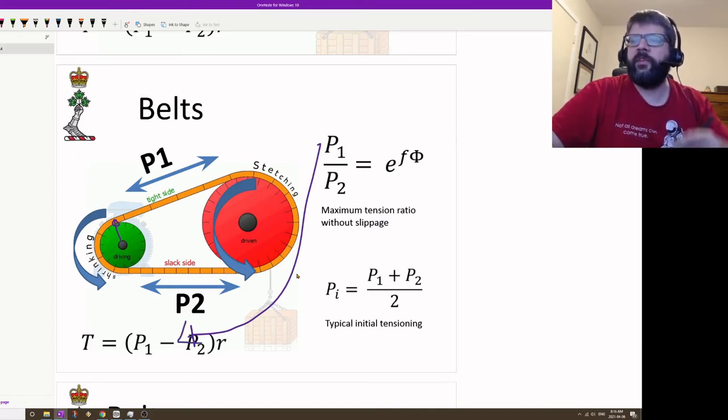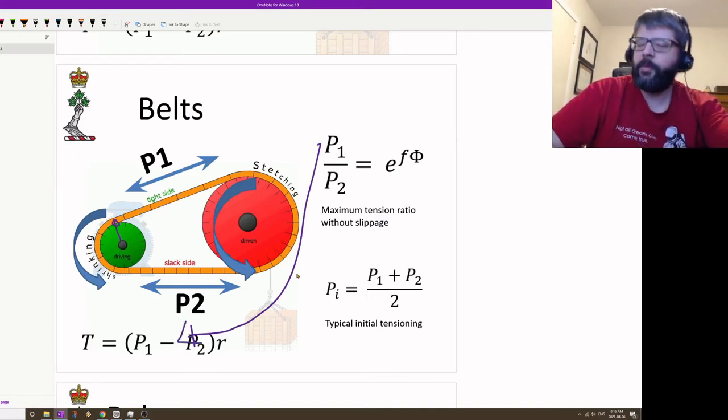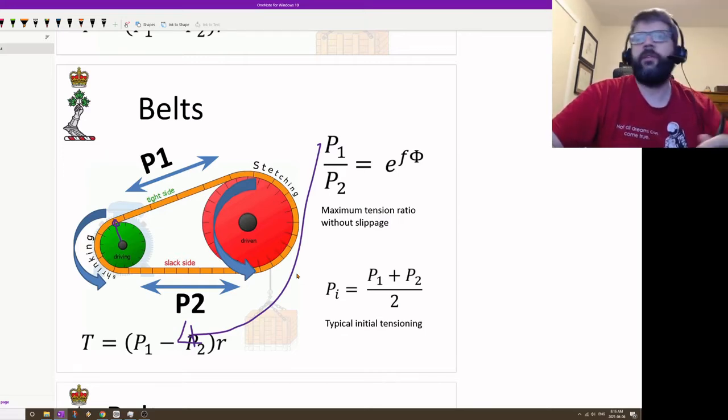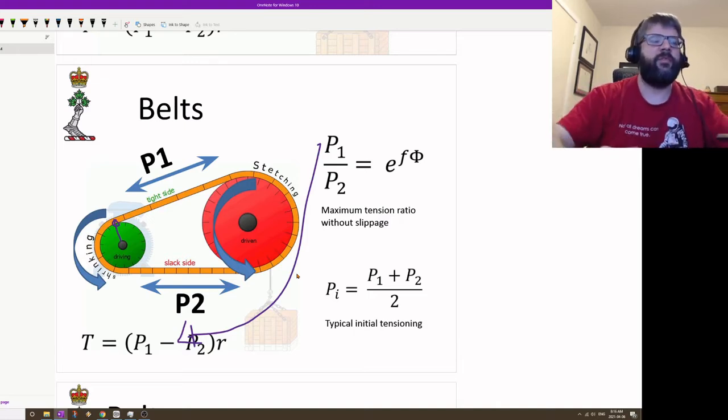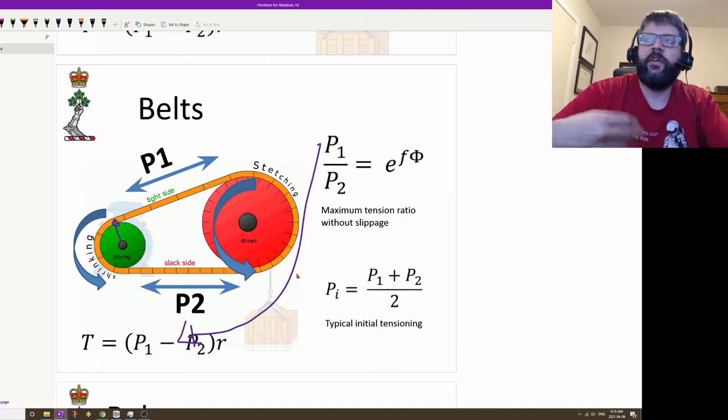We're also going to need to apply some amount of initial tightening, so we're not starting out with zero tension on either side before we start rotating. We need this thing to be relatively tight in order to generate the friction that gets this thing moving and starts us transmitting our power.